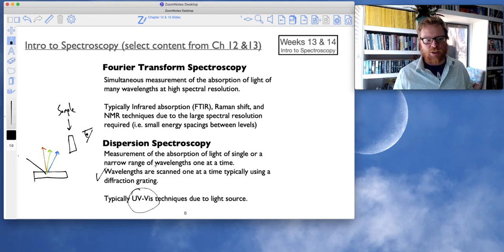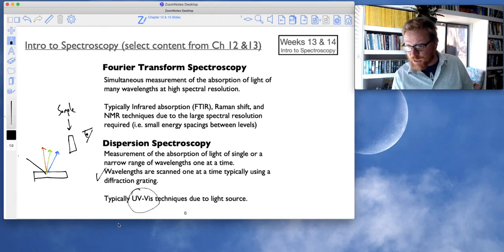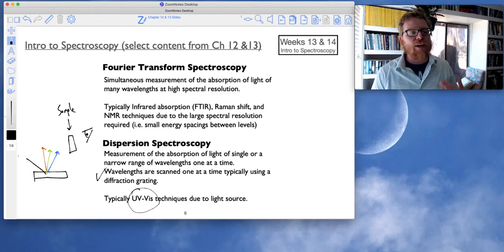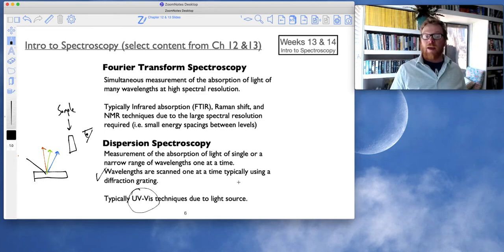UV vis is pretty much exclusively dispersion spectroscopy, and that is typically done because these diffraction gratings can be made quite small, and we can just use a regular ordinary white light source. So it really is a matter of convenience based on the wavelengths that we're using.